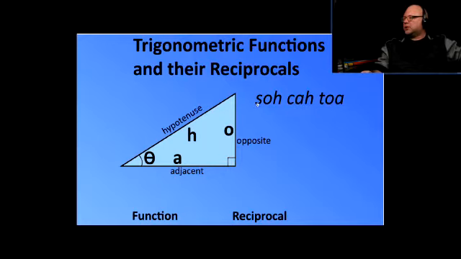The sine of the angle is the ratio of opposite to hypotenuse. So we divide the opposite by the hypotenuse, and we get the sine of this angle. Cosine is going to be adjacent to the hypotenuse. And the tangent is opposite to adjacent. So that's basically where the trigonometry comes from. That's the basics of trigonometry.